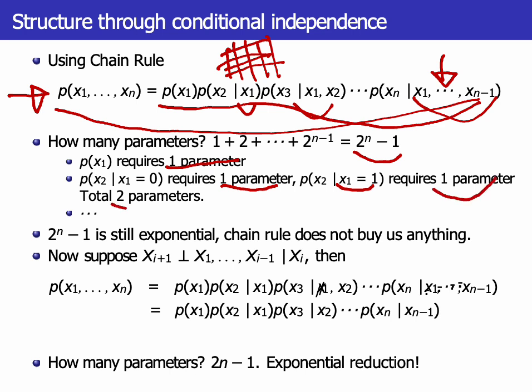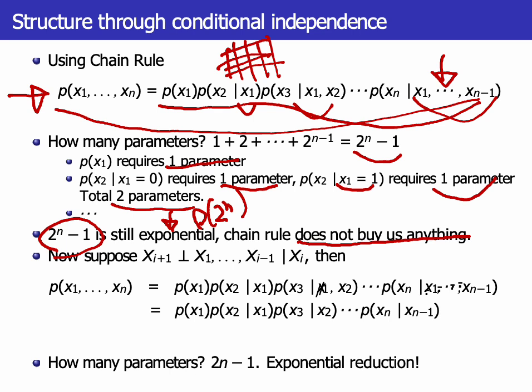In total, 2 parameters are necessary. Thus, you need 2^n minus 1 parameters. However, this still is exponential, order 2^n, and this is something expensive.